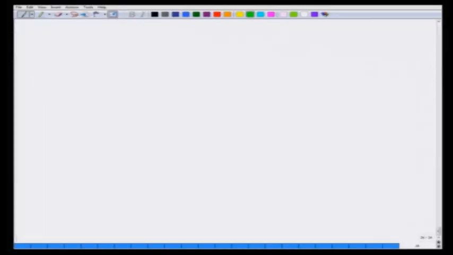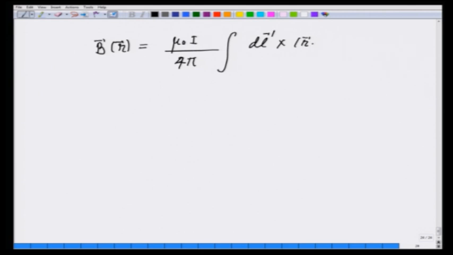We have seen that the magnetic field is produced by current, and for steady currents, that means those currents which are not changing with time, it is given as dL' cross (r minus r') over |r minus r'| cubed.